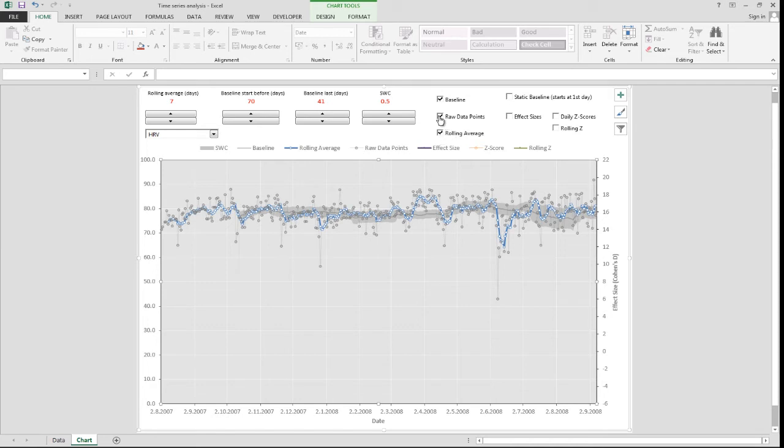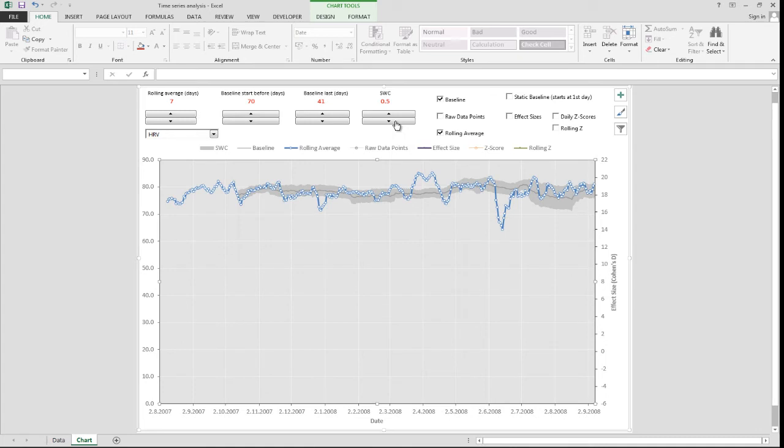So as you can see, we can turn off the raw data points, and we get again two curves. This is a 7 days rolling average, and this is baseline and a smallest worthwhile change. What we could do is also calculate the typical error of rolling average, and at the moment it's beyond me how to calculate it.